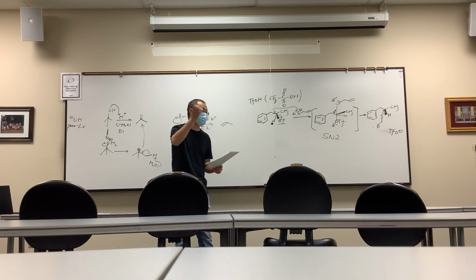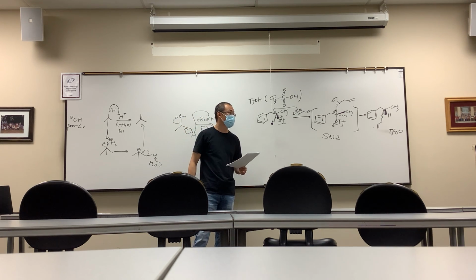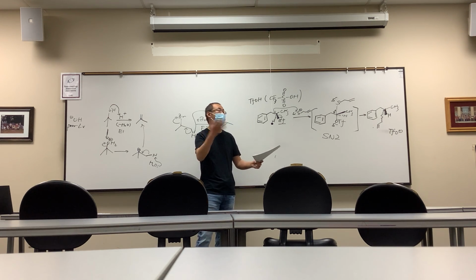They're all competing: SN1, SN2, E1, and E2. So they're asking which path this one goes and what product results from each path. If you have 2 products, you have to tell which one is major and which one is minor. That's how you answer the question.